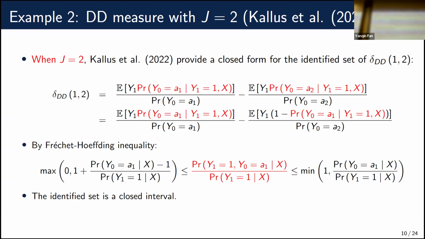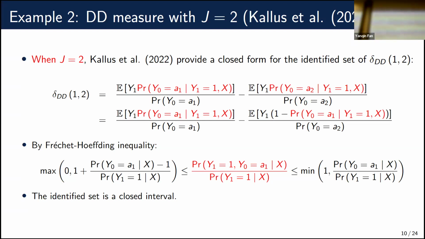In this case, things become much easier because, remember, there's only one DD measure with only two classes. So we can write it: this is the expression from earlier. And this probability, because there are only two classes, is this, and then you see the DD measure is increasing in this conditional probability.